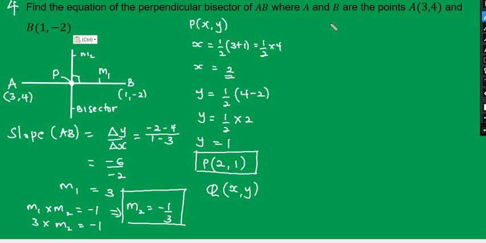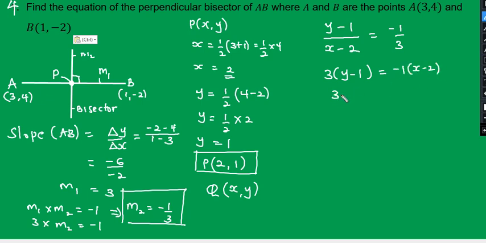So I'll get y minus 1 over x minus 2 equal to -1/3. Cross multiplying, we get 3 times (y minus 1) equal to -1 times (x minus 2).